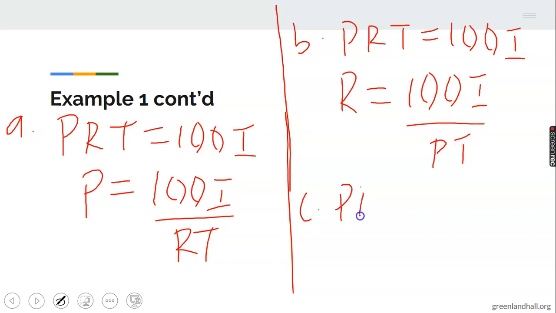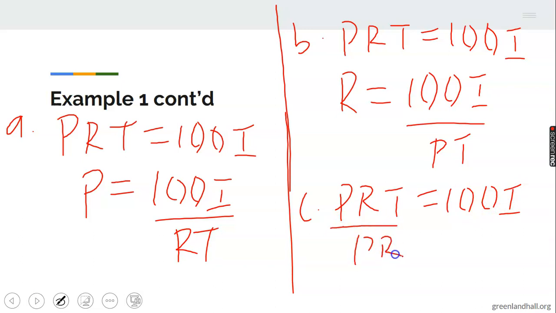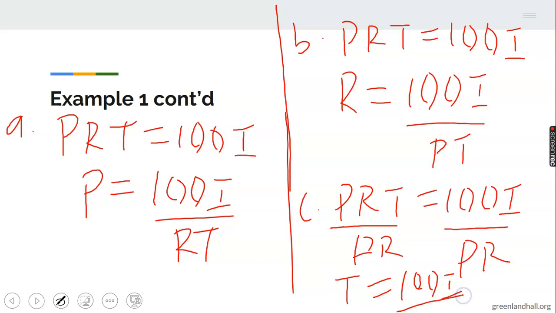The last part, I want to make T. Now I have PRT equals 100I. Divide both sides by what? PR. That is T equals 100I over PR. Don't mind me. You understand? You are following what I'm trying to say.